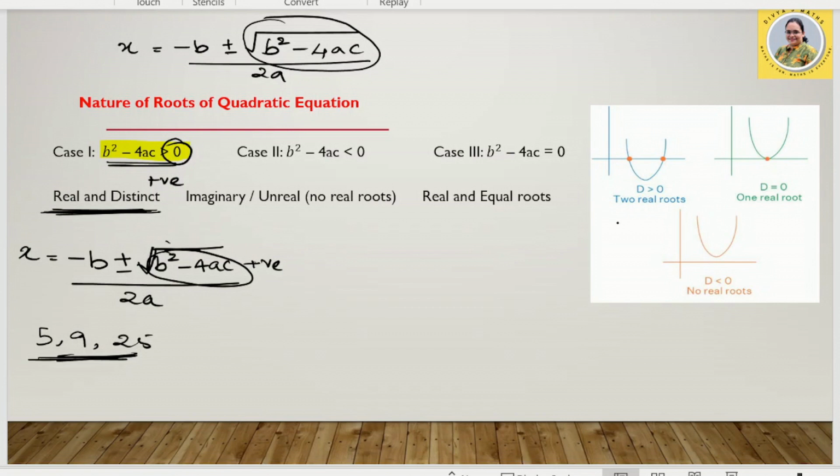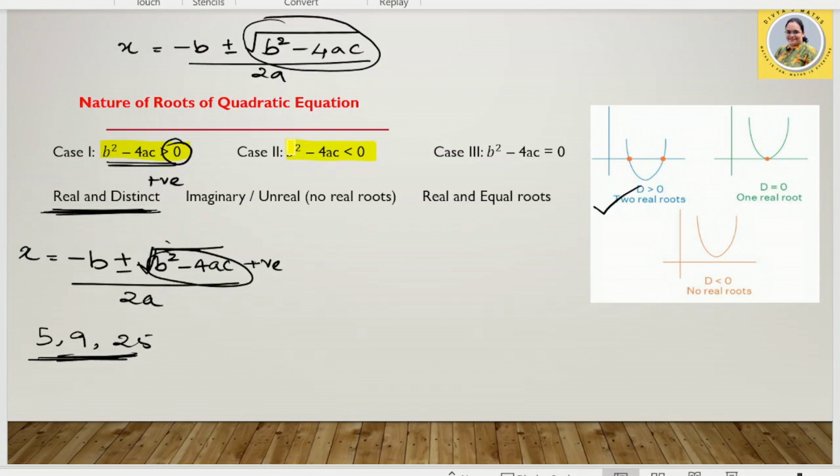Okay, when you draw a graph for the quadratic equation with b square minus 4ac greater than 0, you will get a parabola like this. This is the graph for D greater than 0. Now, the second case, which is b square minus 4ac less than 0.